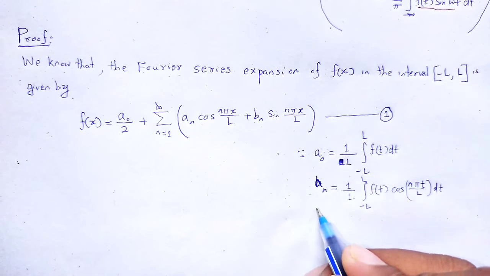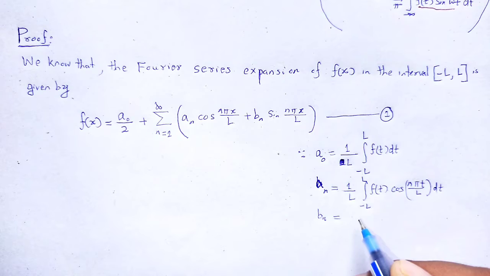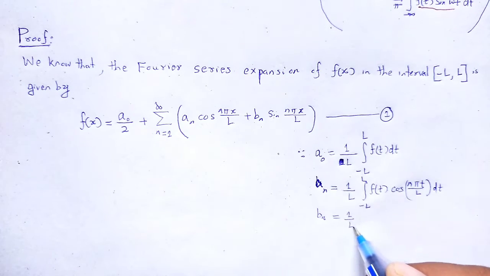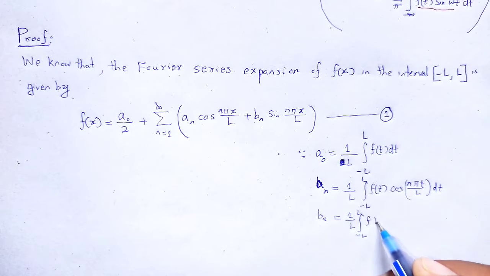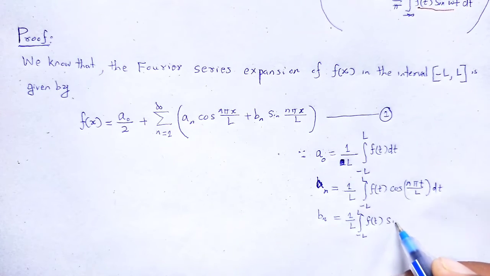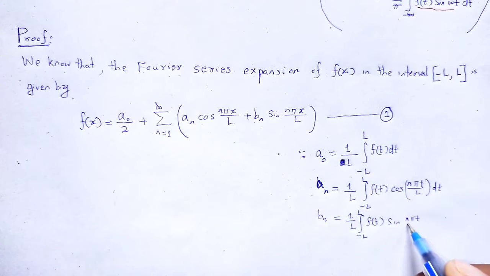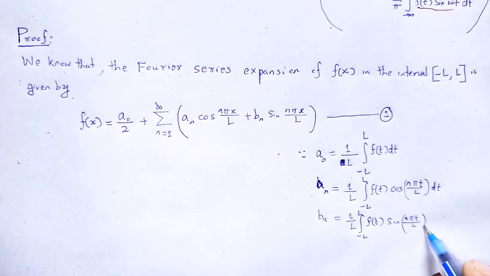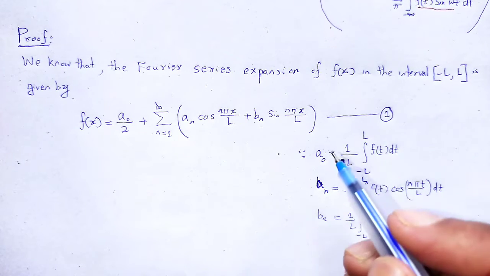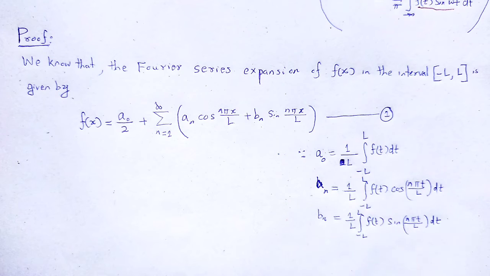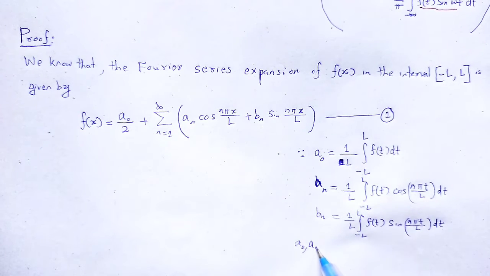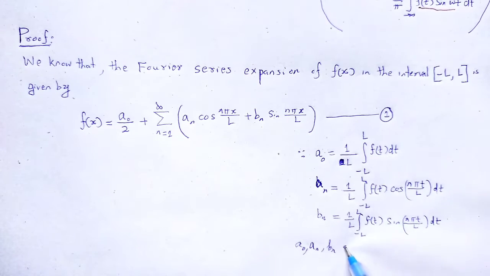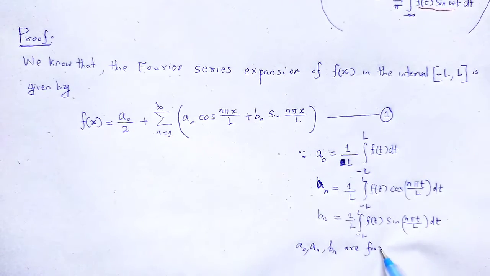Another coefficient b n is 1 by L integration over minus L to plus L f of t sin n pi t divided by L dt. a naught, a n, b n are Fourier coefficients.